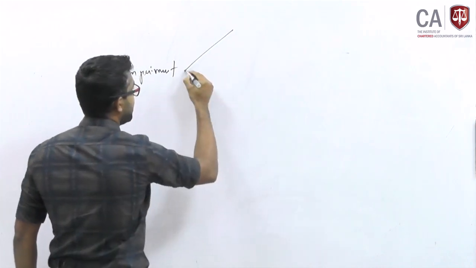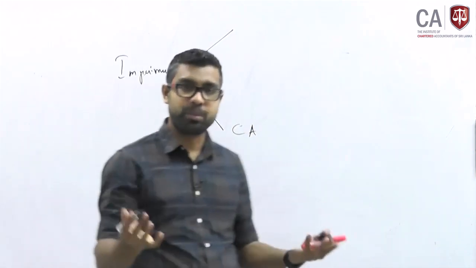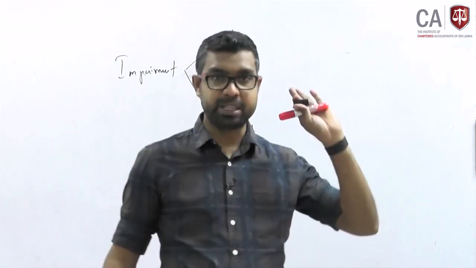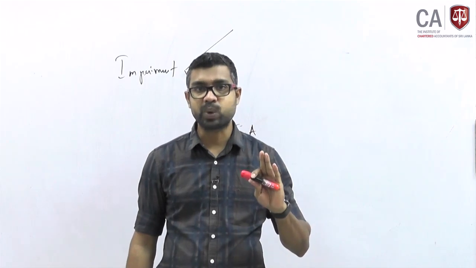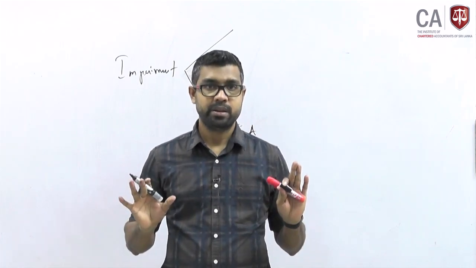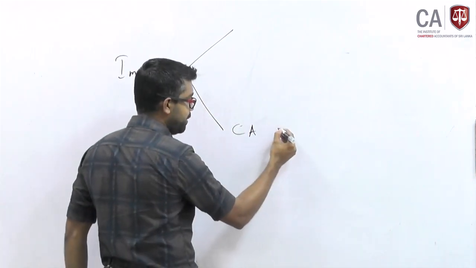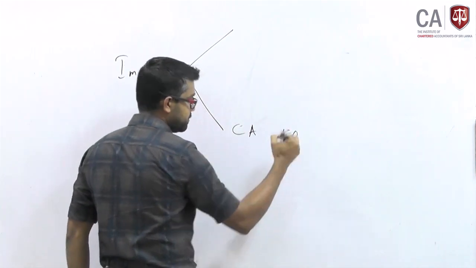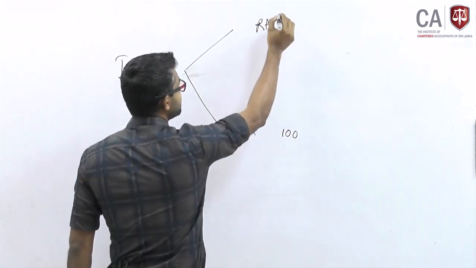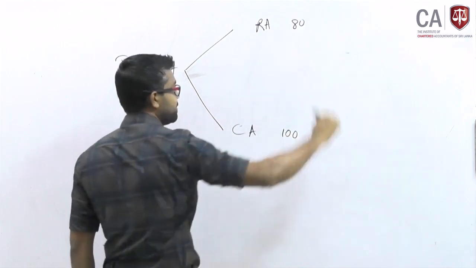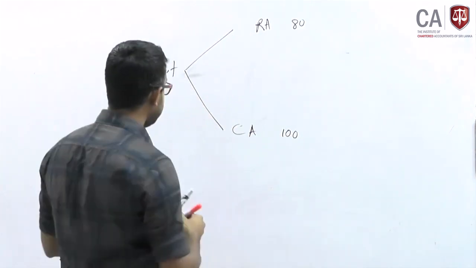Here basically we are talking about debtors impairment, but this definition is applicable for all. Definition of impairment: let's say you have a carrying amount of the asset of 100, and a recoverable amount of 80. Let's say this is data.